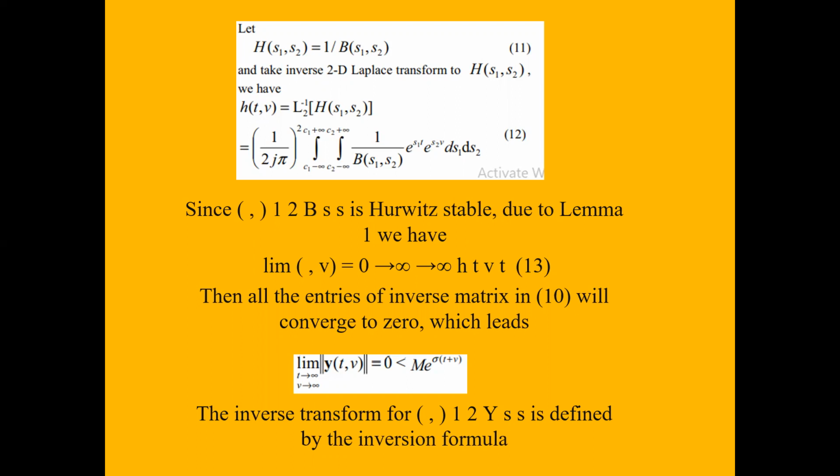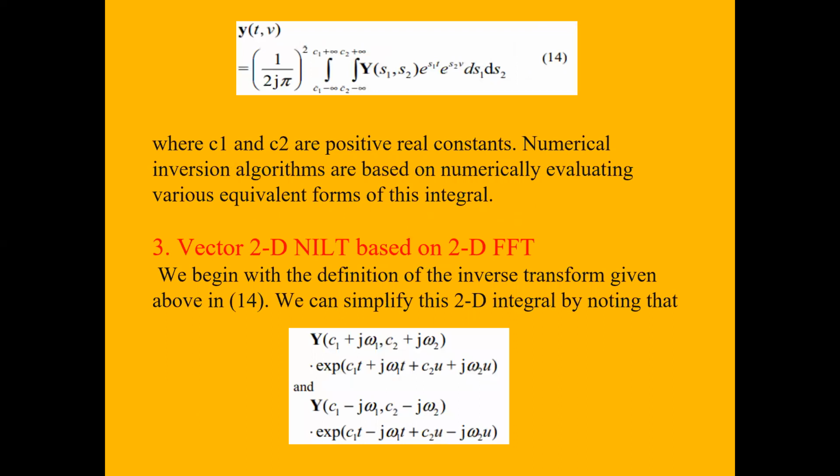The inverse transform for equation 12 is defined by the inversion formula, and here is the inversion formula where C1 and C2 are positive real constants. Numerical inversion algorithms are based on numerically evaluating various equivalent forms of this integral. Vector 2D NILT based on 2D FFT.